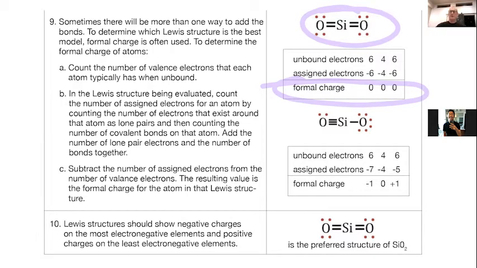Like for instance, in this molecule, this oxygen has a formal charge of -1. This oxygen has a formal charge of +1. How do we figure that out? What does that mean?